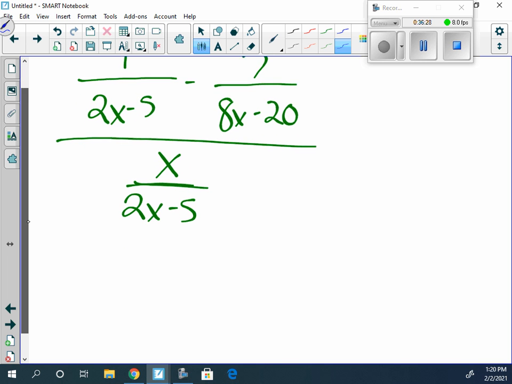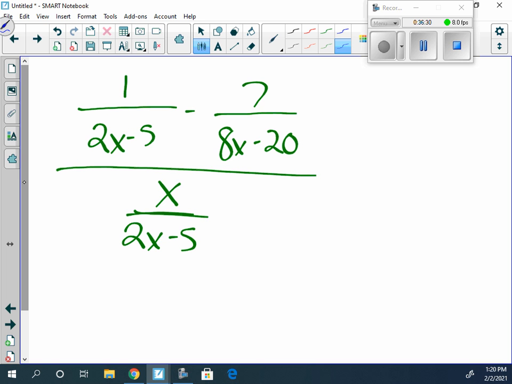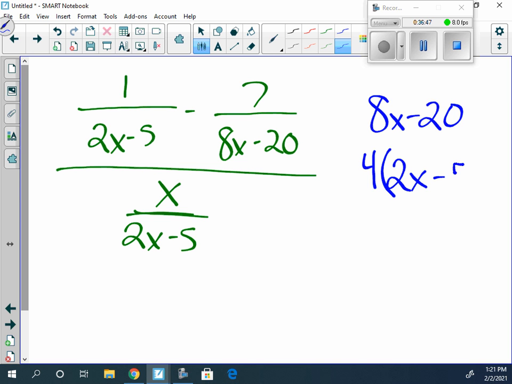And the reason I say that is because if we look at just 8x minus 20, what happens if I factor 4 out of this? Well, 8x divided by 4 gives me 2x. 20 divided by 4 is 5, yes?